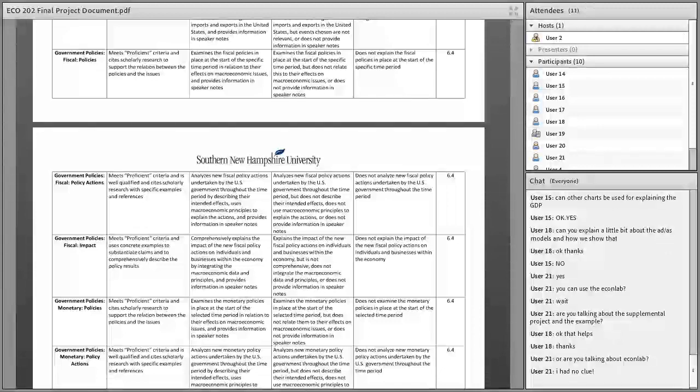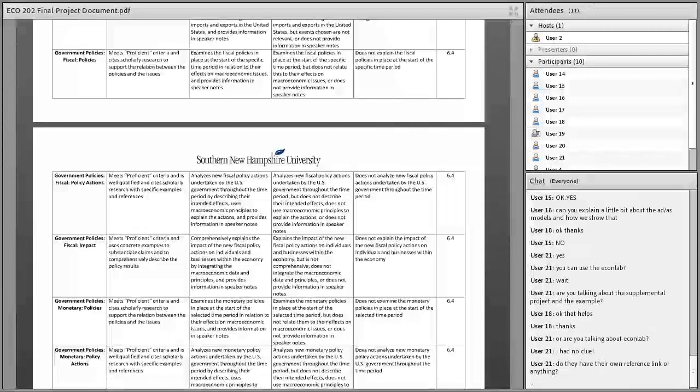You can go in there, and let me see if I can find you an example. Let me open it up and see if I can show you what it looks like. Okay, I'm trying to log into a class because I want to show you where you would go.